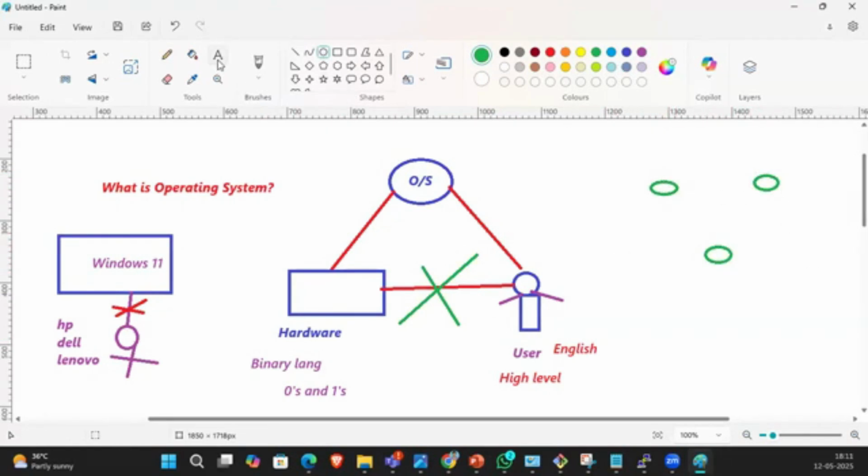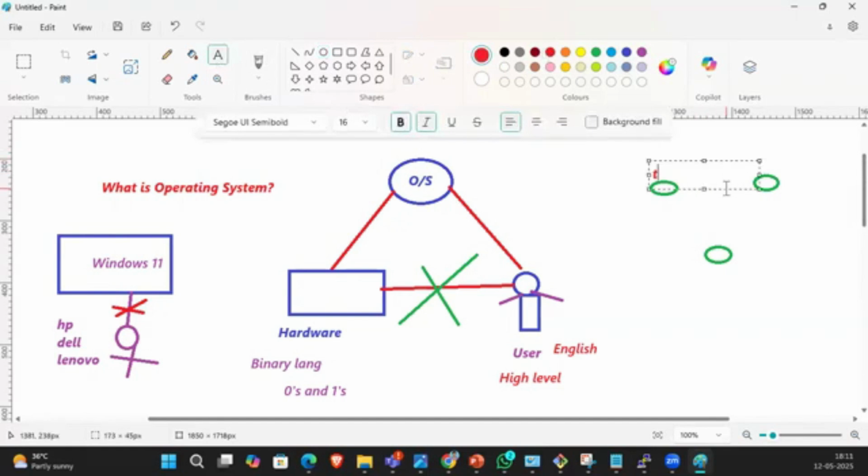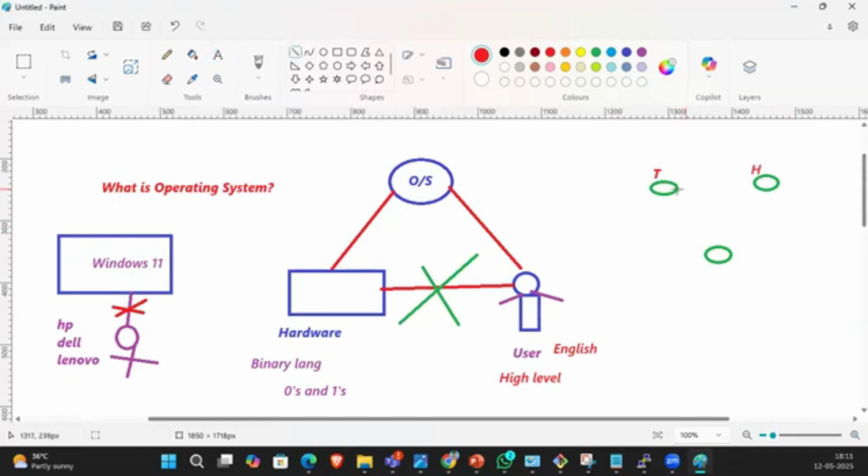For example, who is this? This is Kavita. Kavita knows only the Telugu language. And Ashwin knows only the Hindi language. Is there any possibility to communicate with each other?